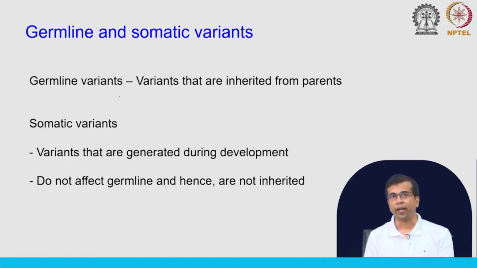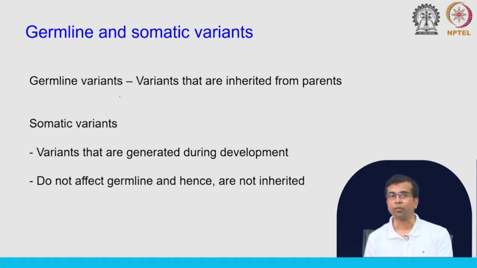Somatic variants, on the other hand, are variants that are generated during the development process, during divisions of the cells from the zygote. These variants are not present in the zygote; they originate during the cell division process, because these changes, these mutations, are happening.